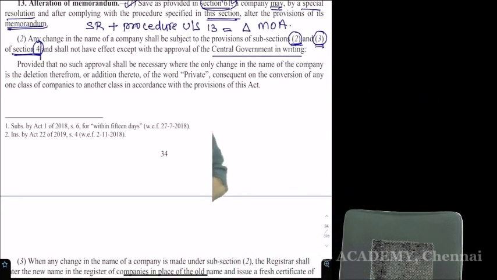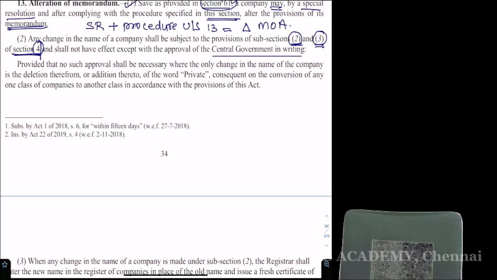Please read, provided that no such approval is required. So now tell me, one second everyone, please answer for one point. My company name is XYZ Limited. I want to convert this company from XYZ Limited to XYZ Private Limited, or reverse case: my company is XYZ Private, I want to convert it into XYZ Limited.